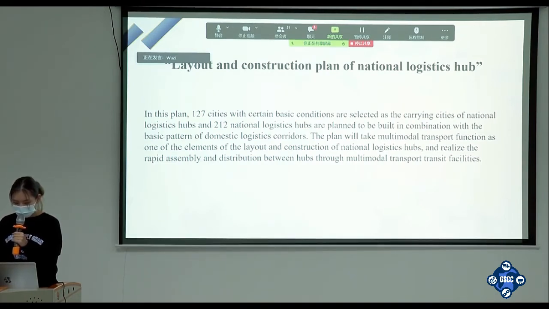The plan takes multimodal transport function as one of the elements of the layout and construction of national logistics hubs, and provides rapid assembly and distribution between hubs through multimodal transport transit facilities.